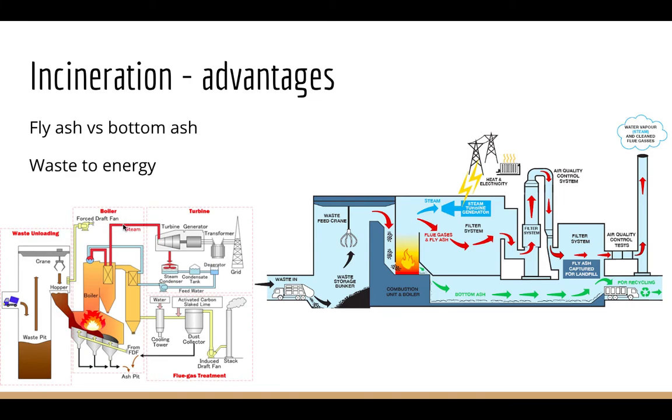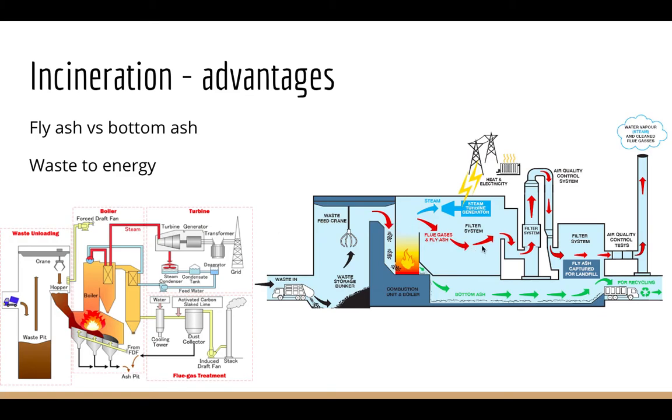So that steam created from the burning can then travel through this turbine generator, and the pressure from the steam is turning the turbine, and that turning of the turbine can generate electricity, which is then transferred to the electrical grid, right? So burning the trash allows this steam turbine generator to produce electricity.